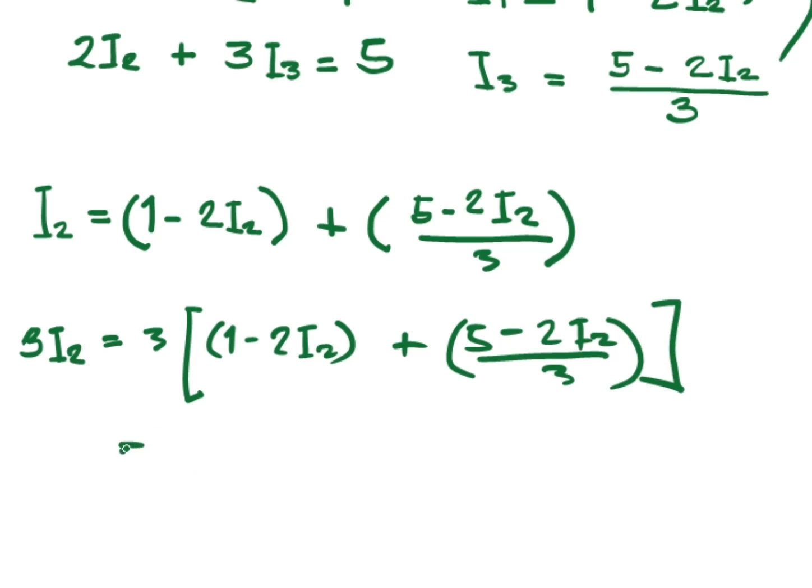So this will become now 3 minus 6I2 plus, and this 3 will be cancelled, 5 minus 2I2.